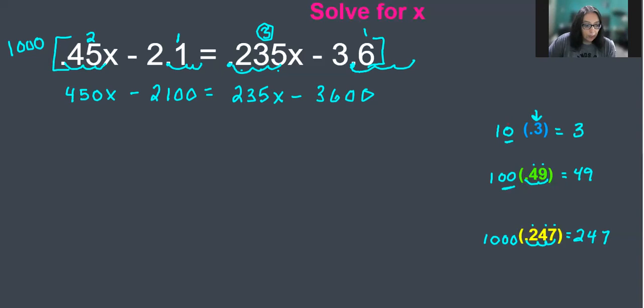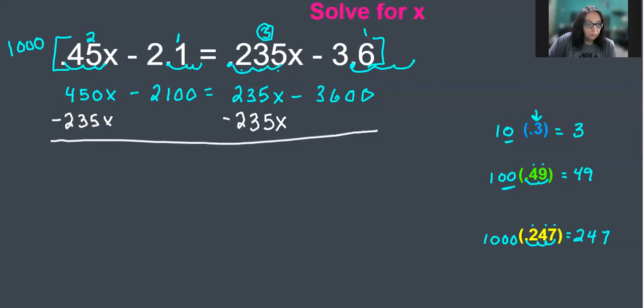So I have 450x here and 235x on the other side. They're both positive, so to move one to the other side, I'm going to have to make it negative. I'm going to move the 235, so I'm going to subtract 235x from both sides. So watch what happens here.